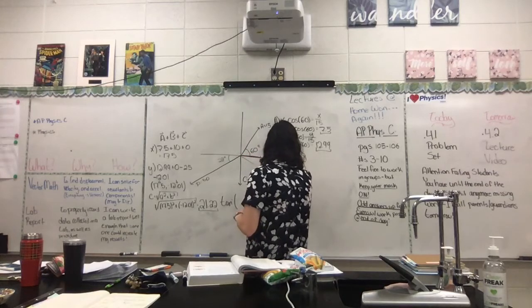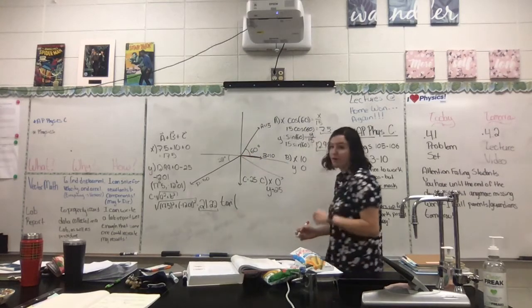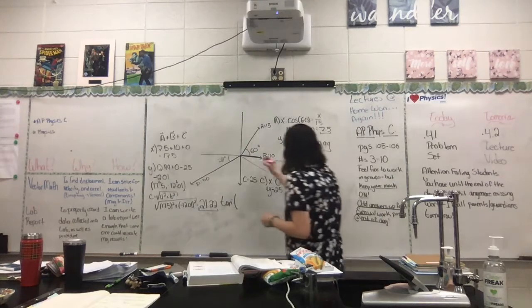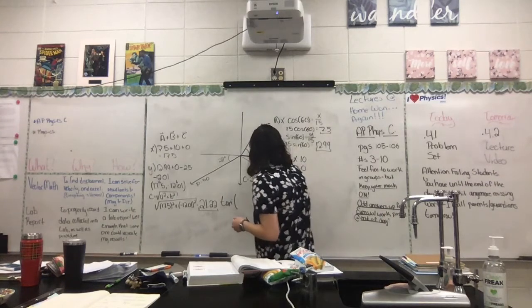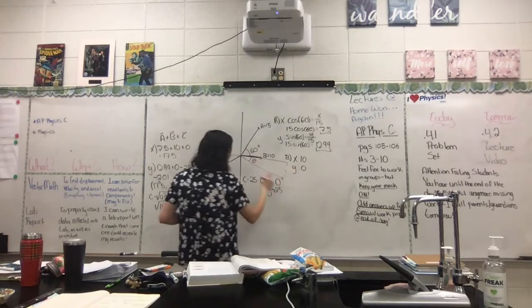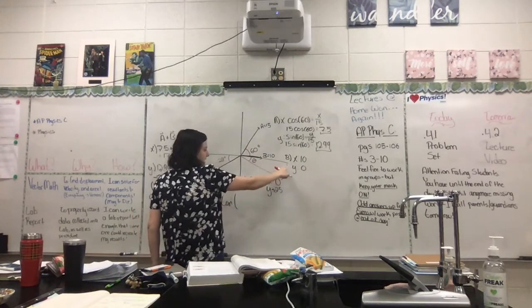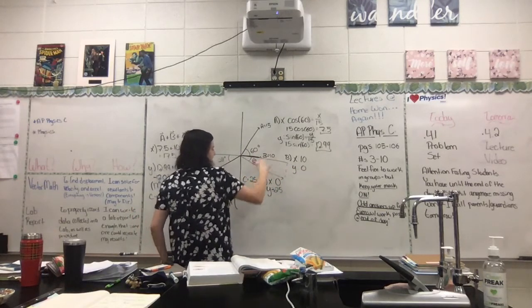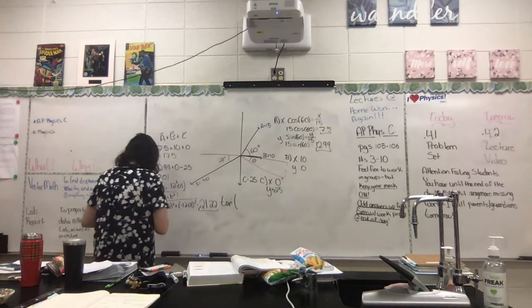So this is what we're looking at as our vector. We want this angle right here. That's the theta we're looking for. The opposite is the y, and the adjacent is going to be the x.